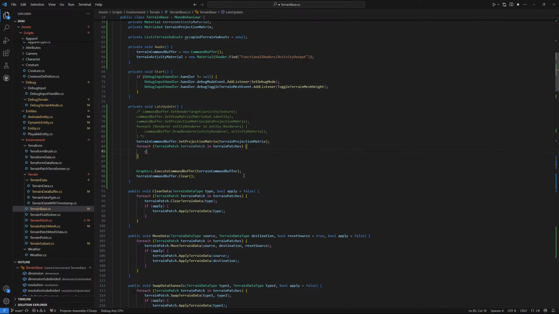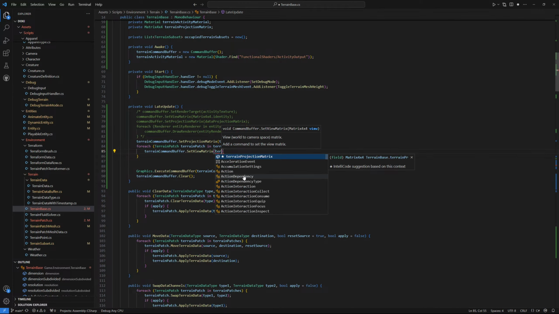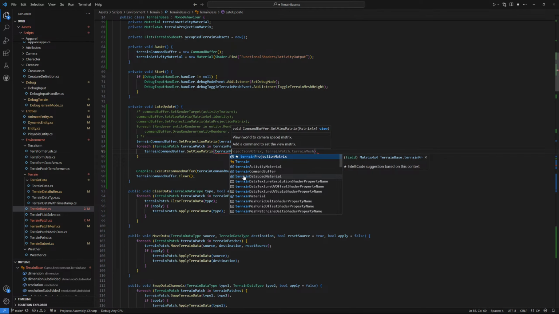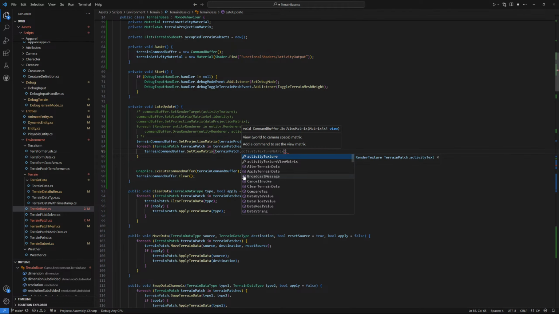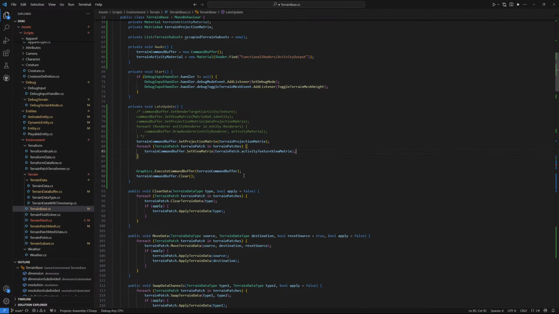What we want to do here is terrain command buffer, set view matrix, terrain patch activity view matrix.